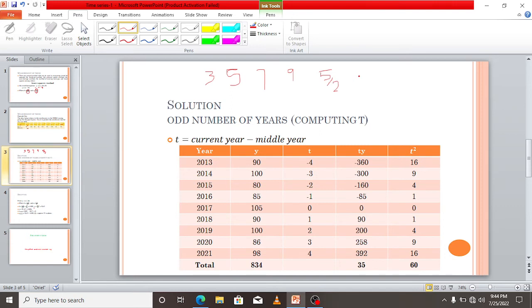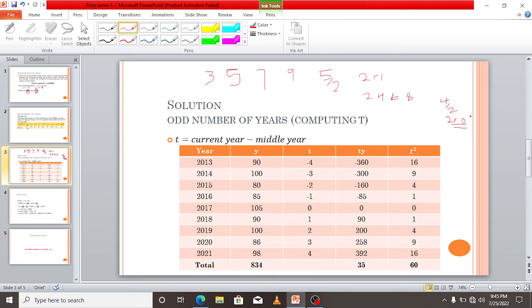So 4 divided by 2, you get 2 remainder 0. The balance is 0 after dividing. You get 2 remainder 0. So that is an even number. So 4 is an even number, 6, 8, 2, among others.